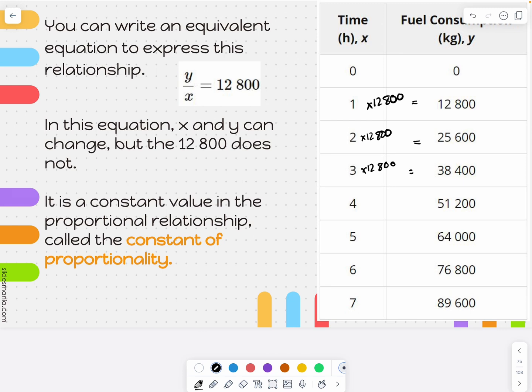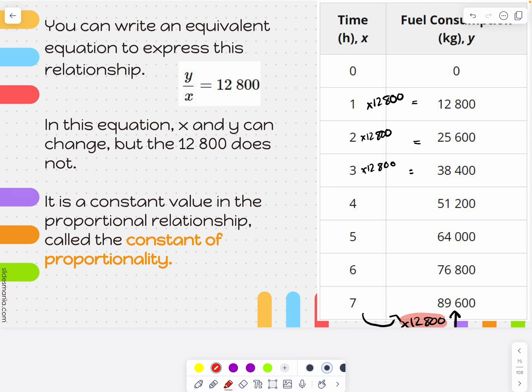Every y value, all of these values here, are calculated by taking the x and multiplying it by 12,800. So this is a proportional relationship. Okay. The constant of proportionality is 12,800.